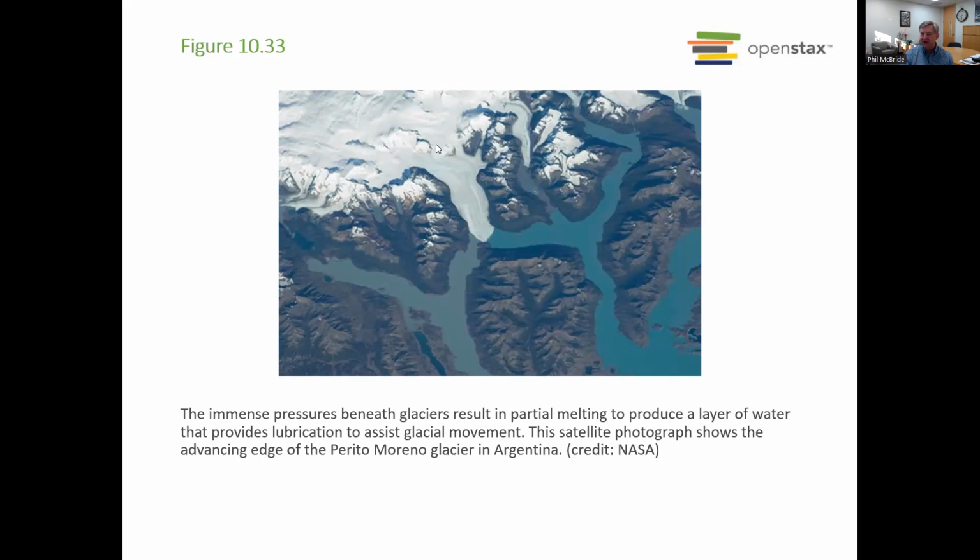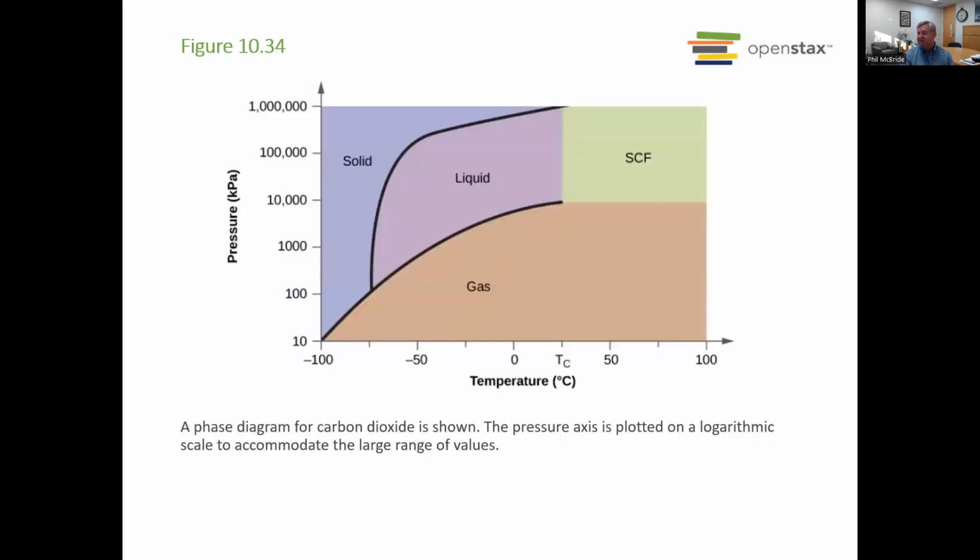So that's why your glaciers are actually flowing, because you have a layer of water at the bottom between the rocky ground and the ice. So that's due to the pressure of the ice causing it to turn into a liquid. And we talked about our phase diagram.